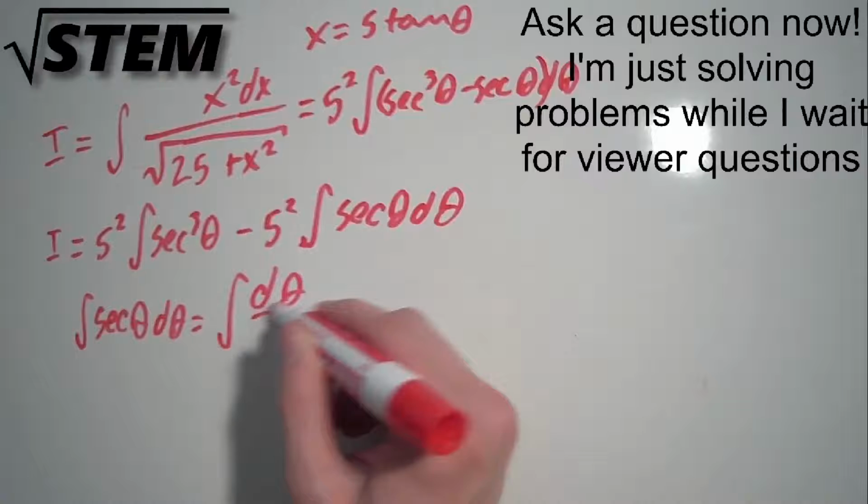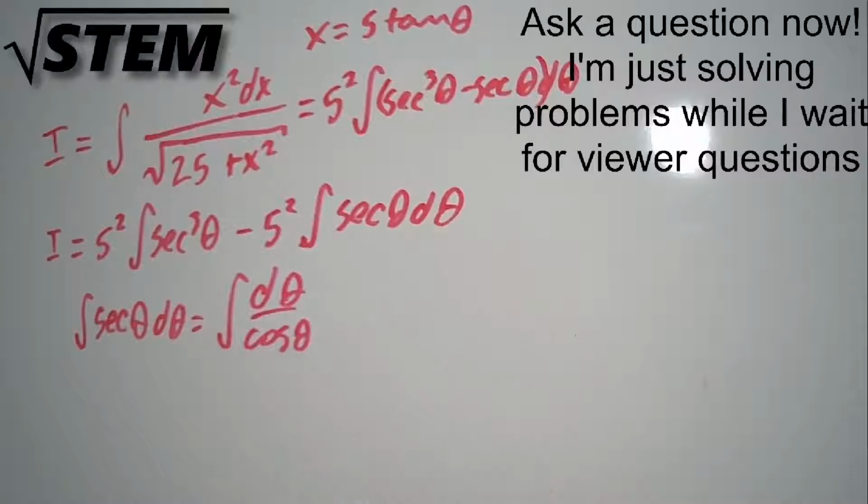is the integral of 1 over cosine, but we can do a trick here. We multiply by something.